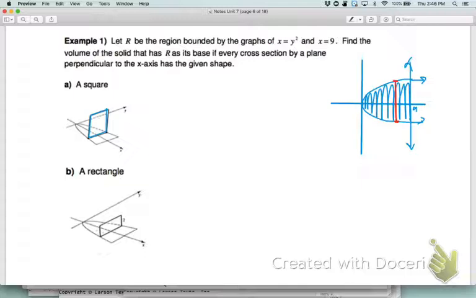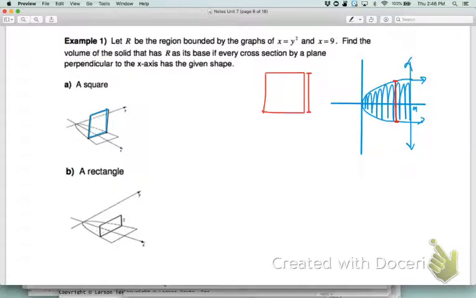So that is going to be the side of our square. So I always like to look at the shape kind of off on its own. So in order to find the area of a square, I need to know this length right here, which is exactly what we have on the graph.